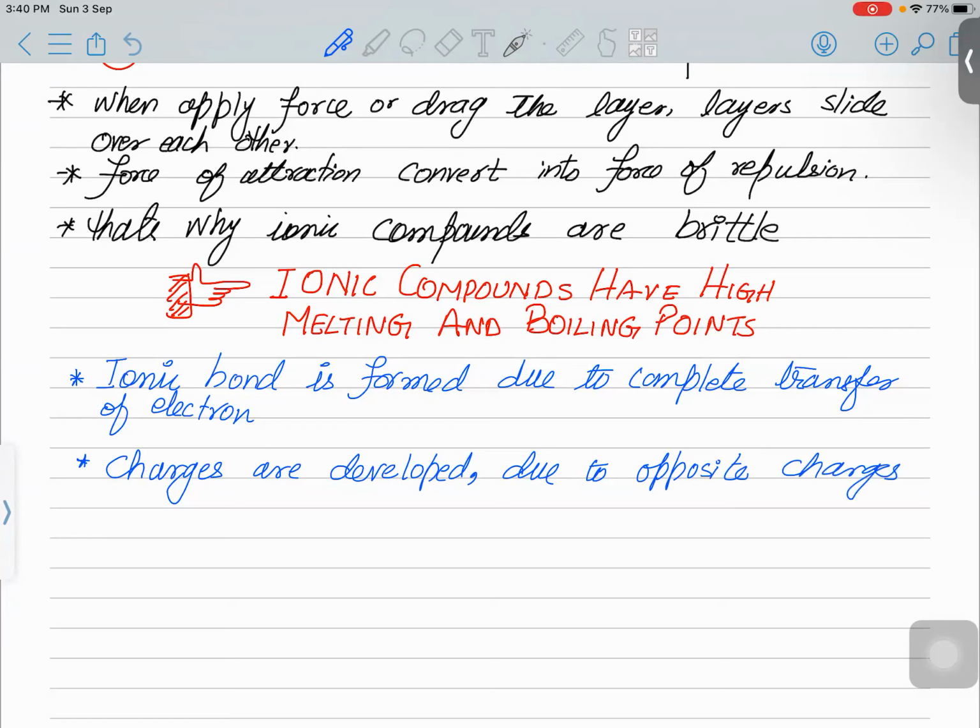Due to opposite charges, electrostatic force of attraction is developed. So they have high melting and boiling points because of strong electrostatic force of attraction.